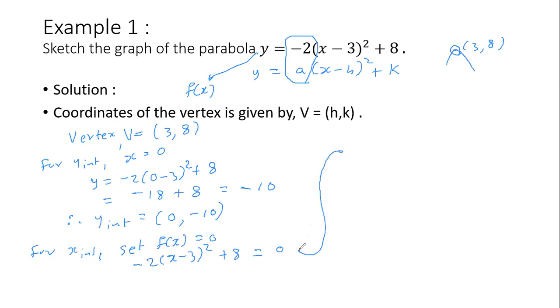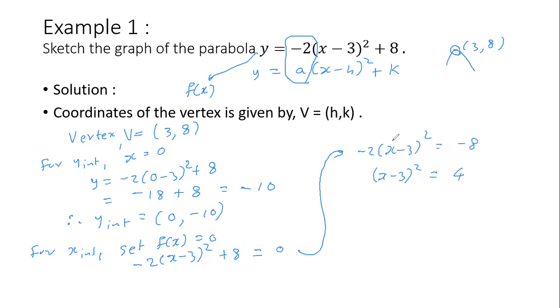Let me solve it here. Move this 8 to the other side, we get negative 2 times (x minus 3) squared equals negative 8. Divide both sides by negative 2, we get (x minus 3) squared equals positive 4.